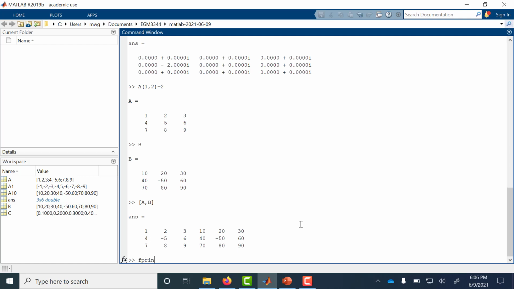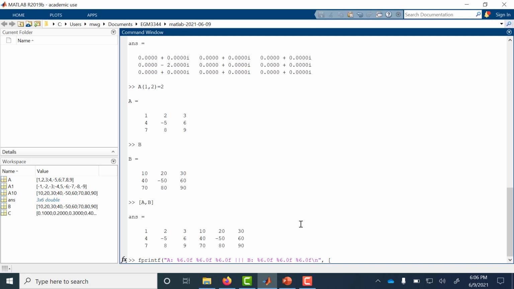And then when I try to do the fprintf, I'm going to go A, and then a %6.0f. See if I can maybe copy that. And then I'm going to do vertical bars to separate, so that should print row by row.